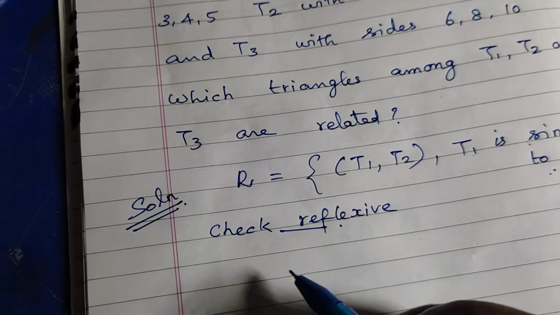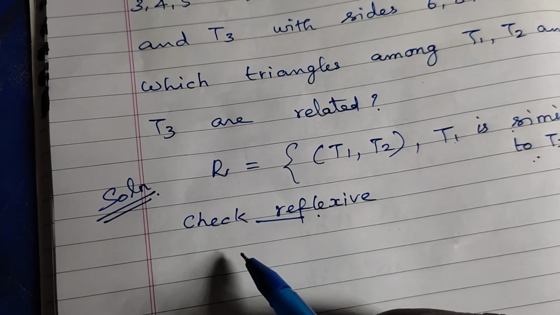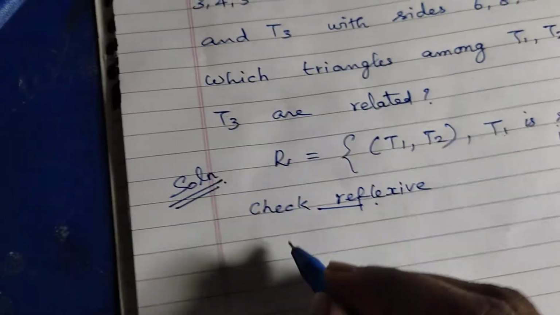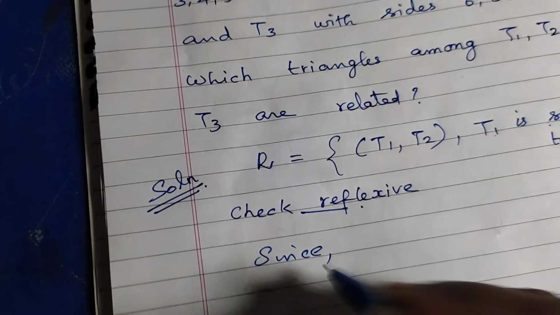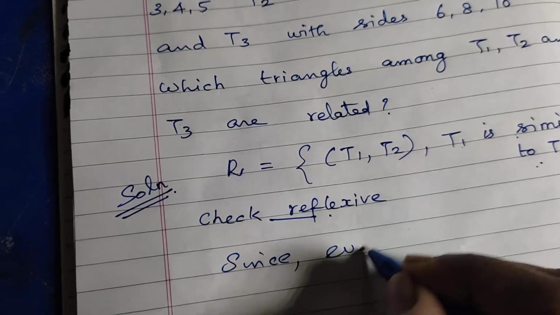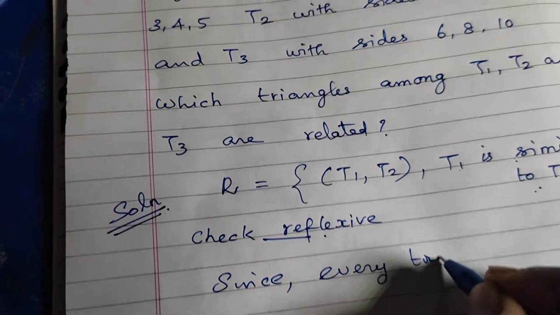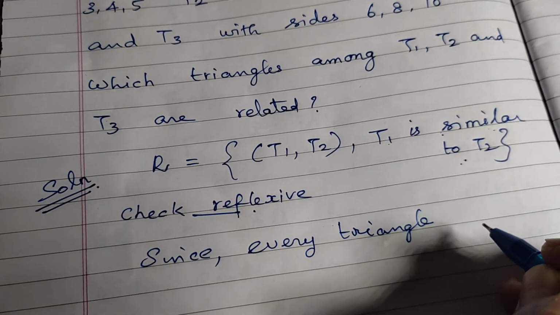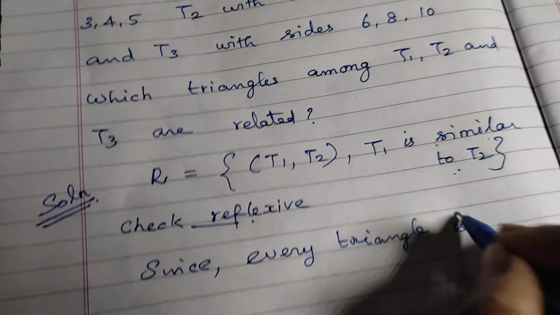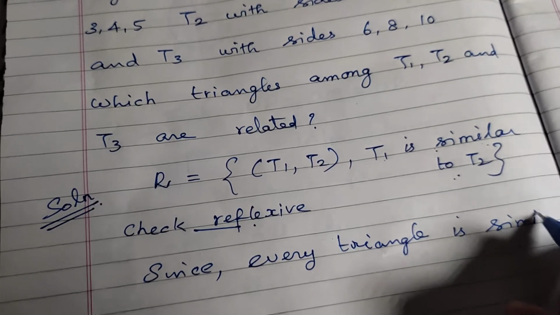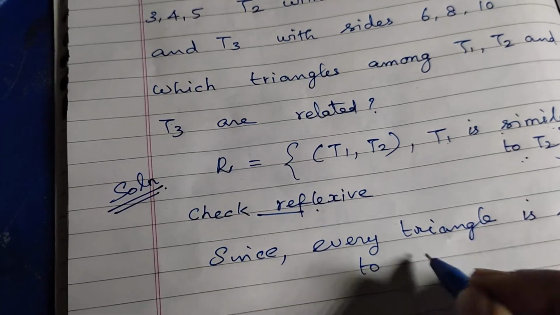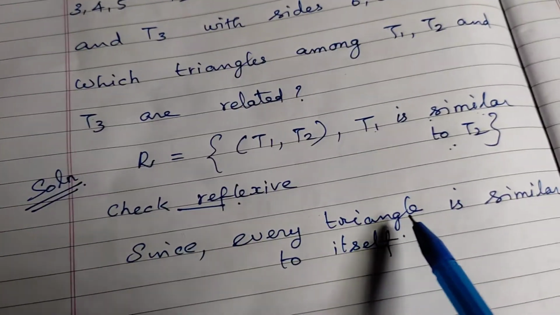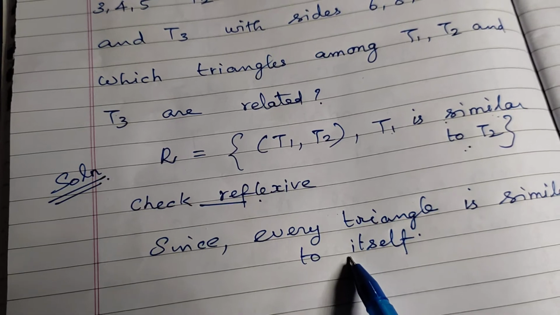Reflexive property means every triangle is similar to itself. This is a known concept.